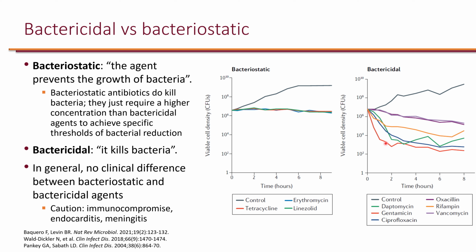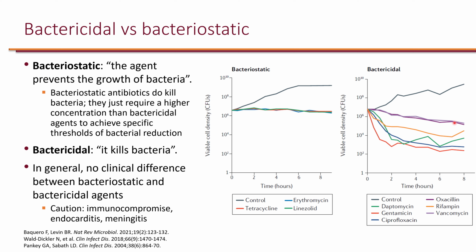Now on the right hand side, the same thing is done with bactericidal agents. So you can see again the control line. So if you leave it alone, the colony forming units will increase over time. Now if these are bactericidal, then they actually will drop the number of colonies. So it's not just a flat line.